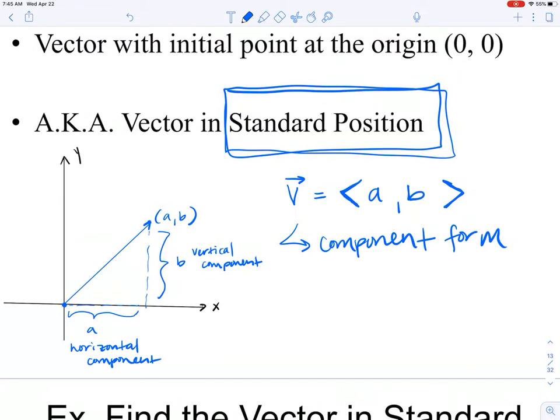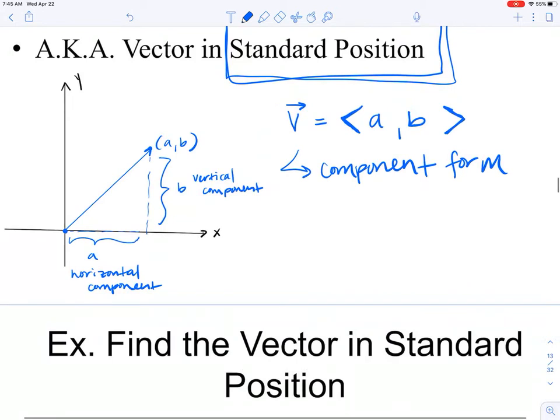But when we see those pointy brackets, we know that the vector that is represented is going to be in standard position.